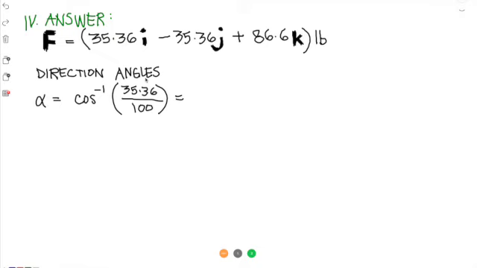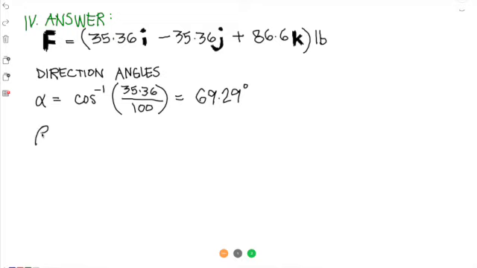So that's 35.36 divided by 100, and the arc cosine of that, we have 69.29 degrees.